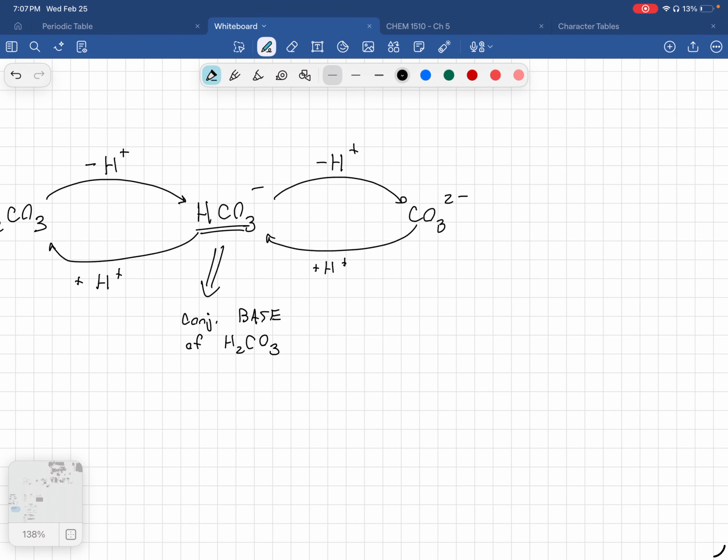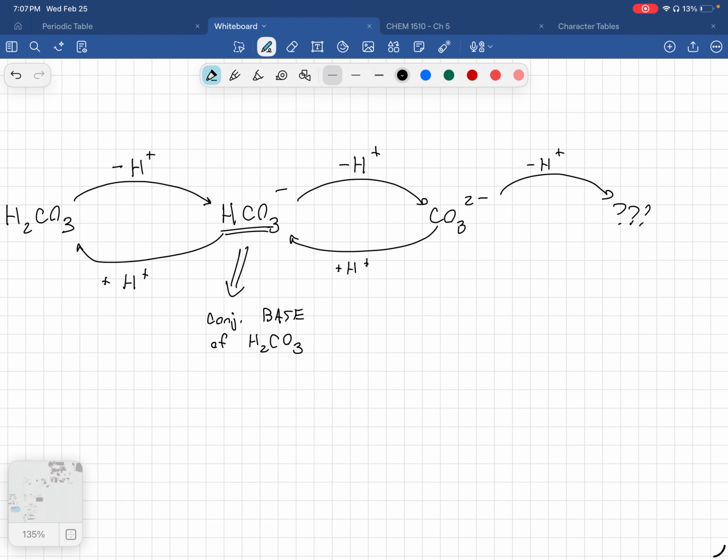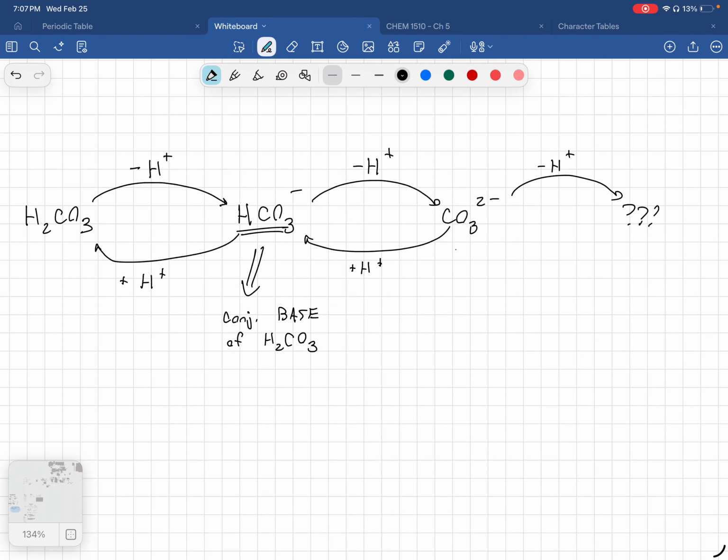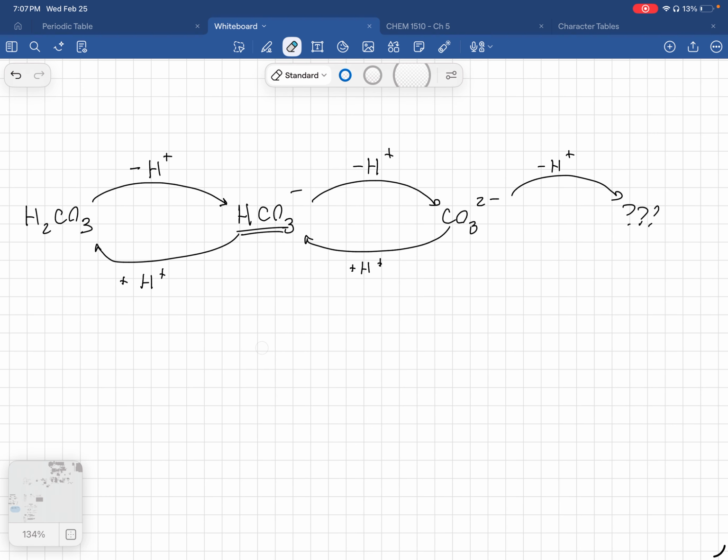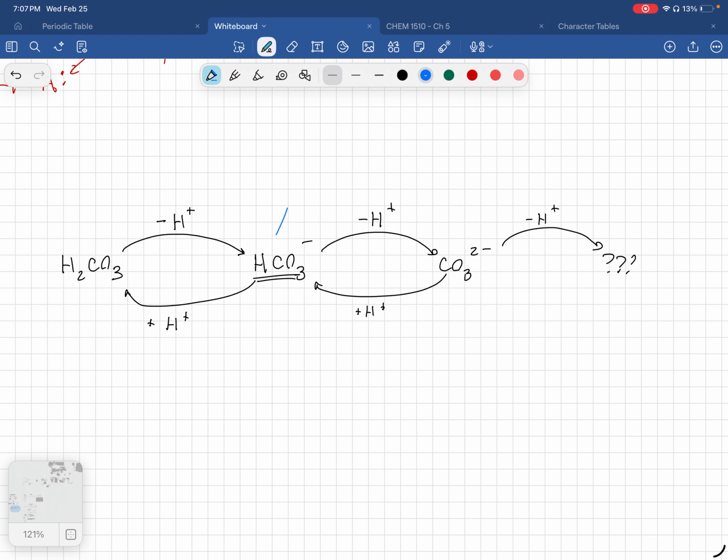And CO3 2 minus is the conjugate base of HCO3 minus, because going from HCO3 minus to CO3 2 minus is another removal of a proton.